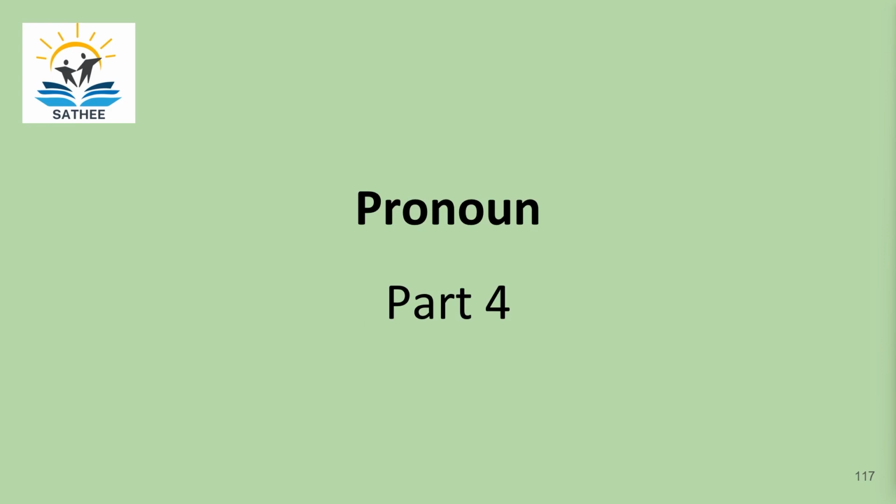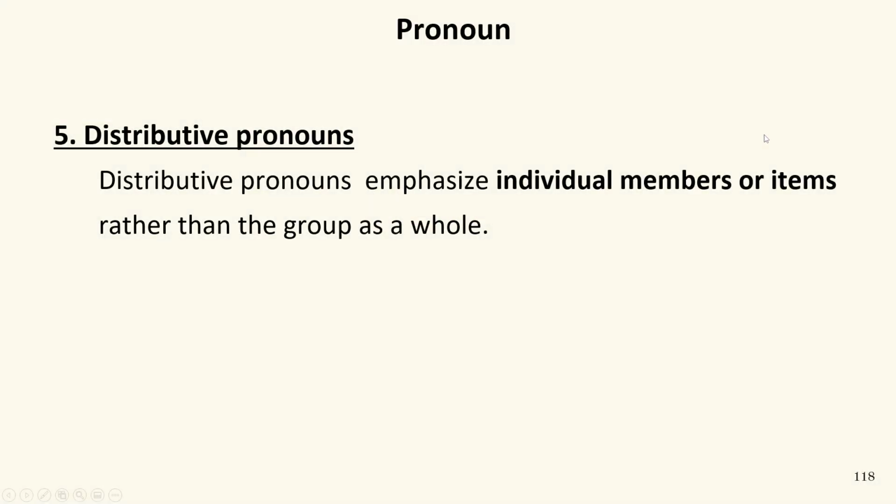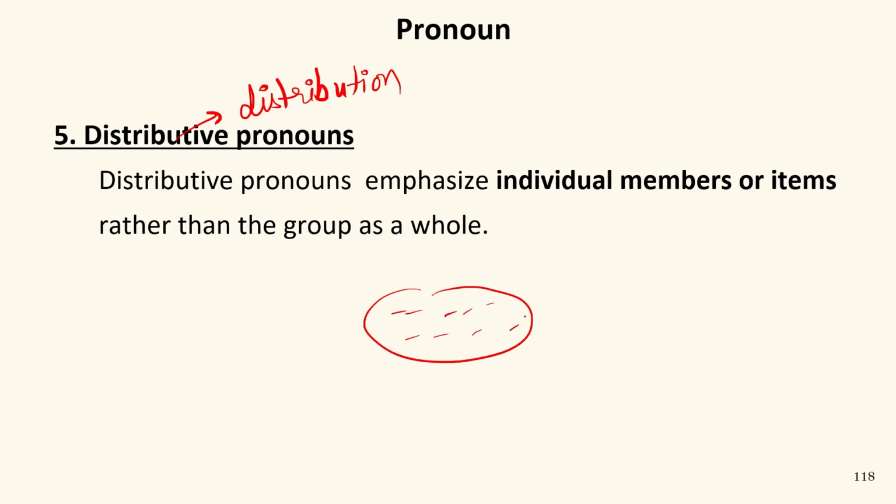In this session, first we will discuss distributive pronoun. Distributive pronoun, as the word itself says, is about distribution. Or you can say, when we talk not about the entire group, but about the members of this group individually, distributive pronouns emphasize individual members or items.